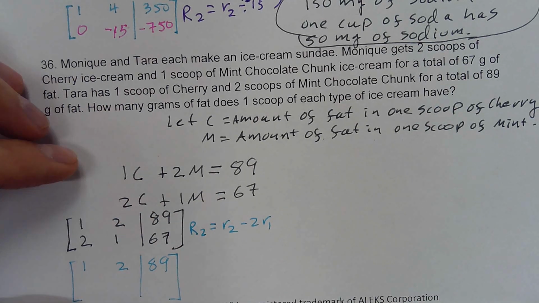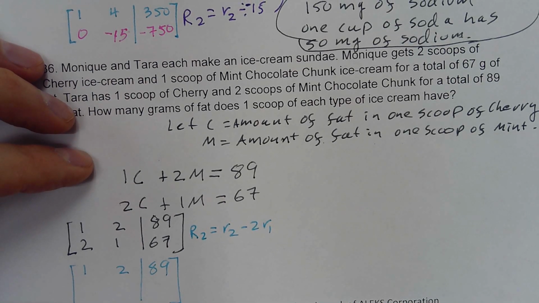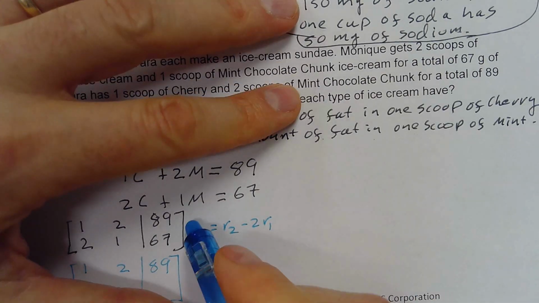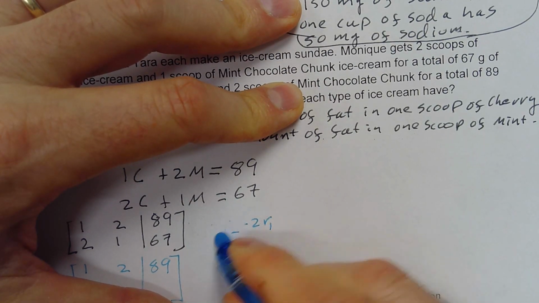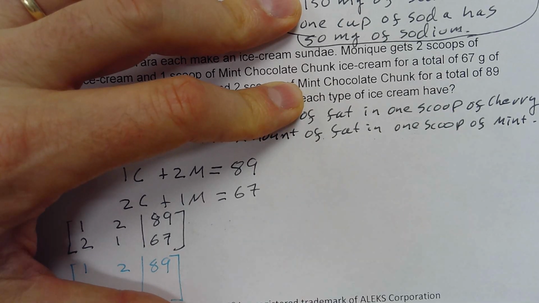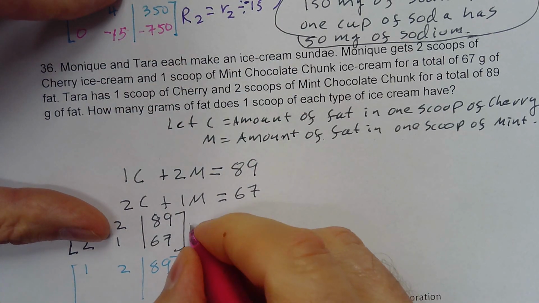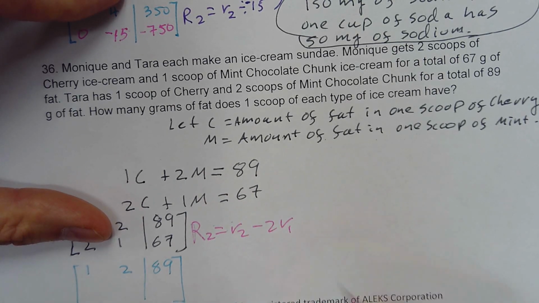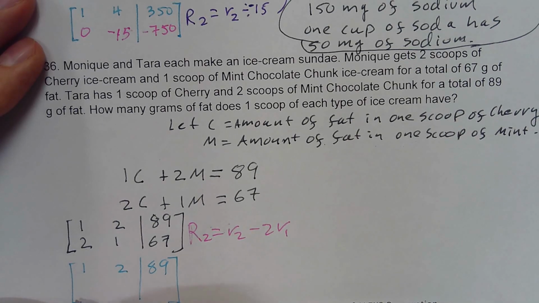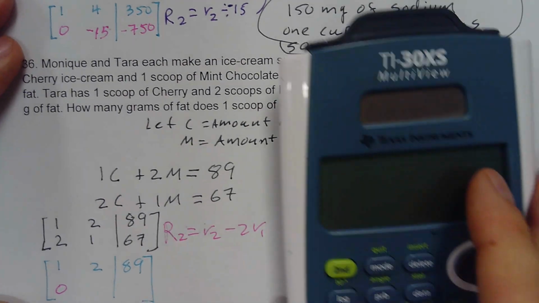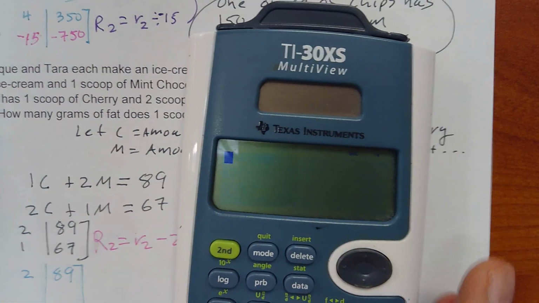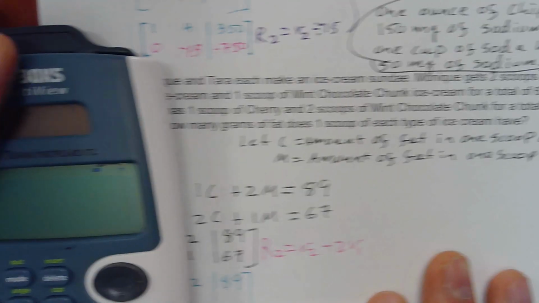I meant to do that in a different color, but that's okay. There we go. So that first entry is going to be 0. Now let's do the math on the other ones. So let me bring it over here.